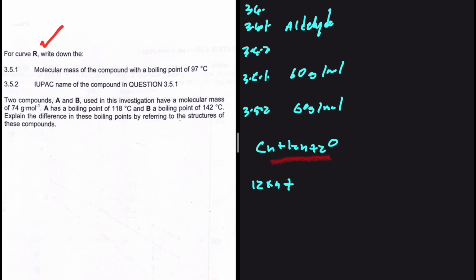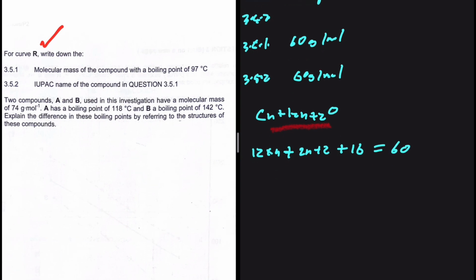For hydrogen, we have 2n plus 2. Plus that of oxygen, which is 16. This is equal to 60. So let's find the value of n in an attempt to find the alcohol with the molecular mass of 60.